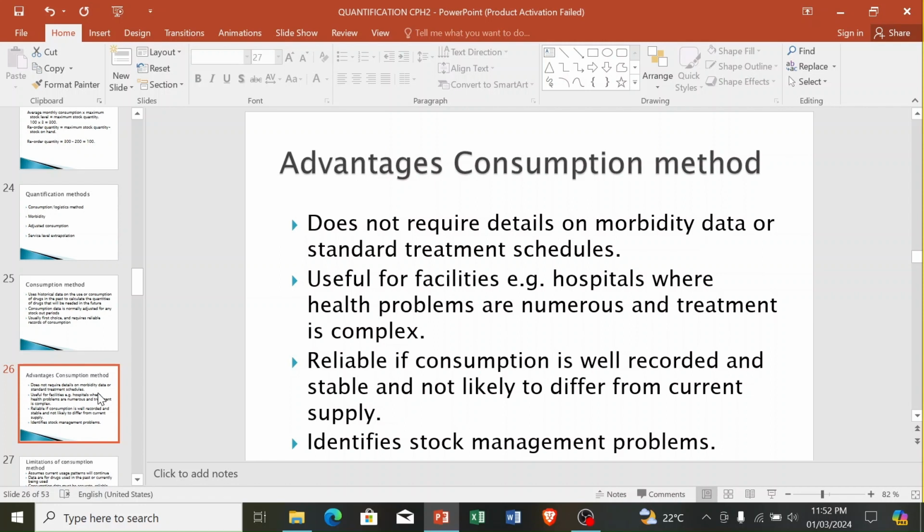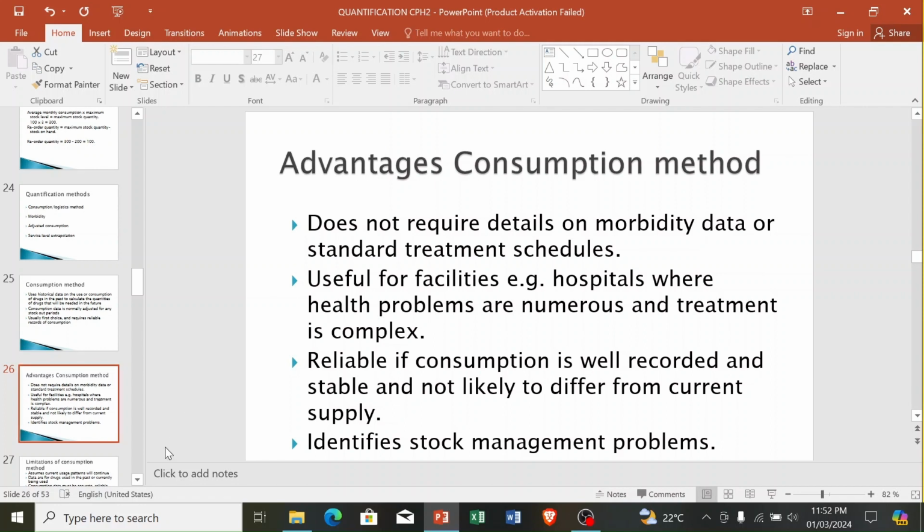So you find that it is useful for different types of health facilities, health centers. It is reliable if consumption is well recorded and stable, and not likely to differ from the current supply.